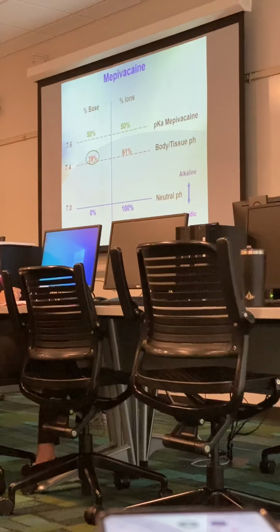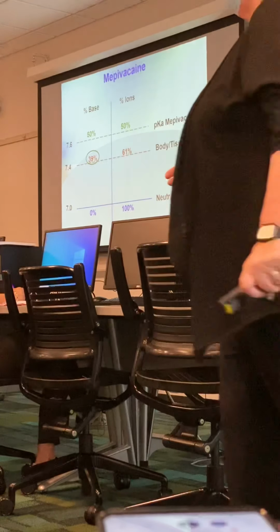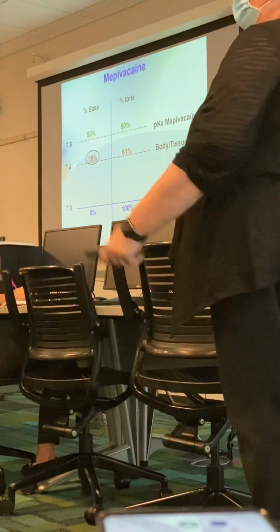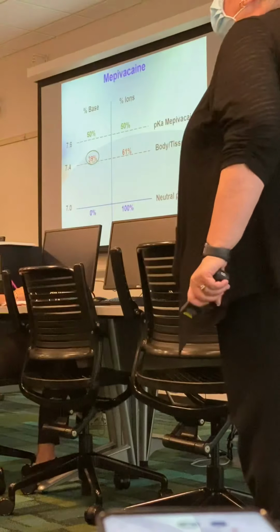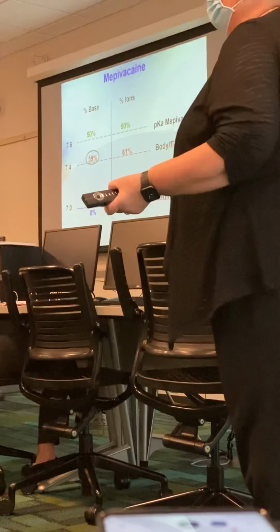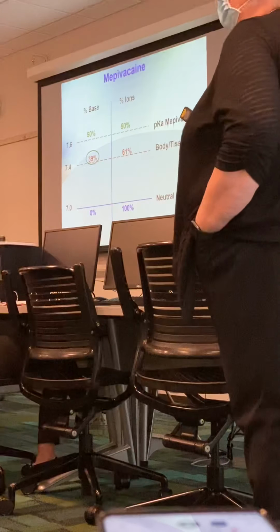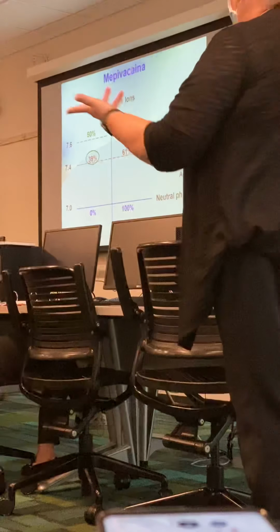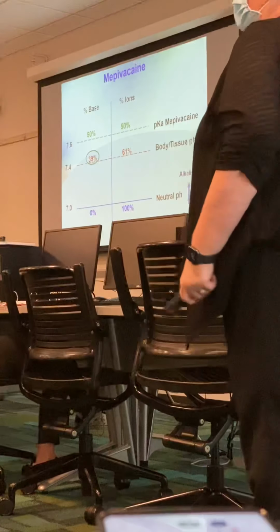So what would you do? Typically, you either continue working on them and they're going to feel it, depending on how serious the infection is. You may have to knock them out in order to work on them, or you may put them on antibiotics for a few days and bring them back. We've raised that pH a little bit because we've taken care of some of that infection with the antibiotics, and then hopefully we'll be able to inject them.